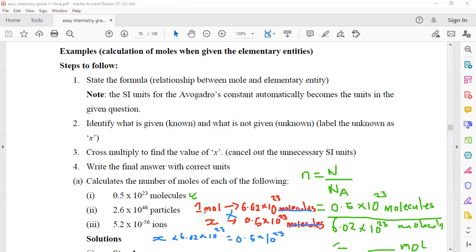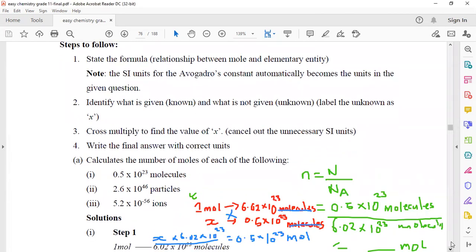So 0.5 is multiplying a one more, so you'll get the number of moles as your units. Then that will be divided by 6.02 and 6.02 on the other side, and what you get is the answer.